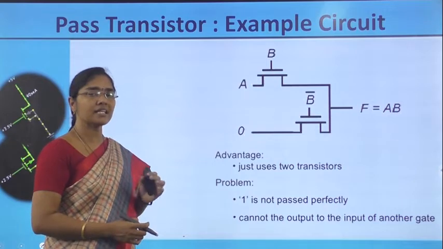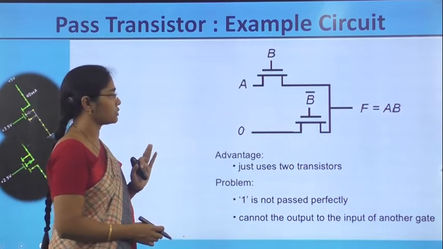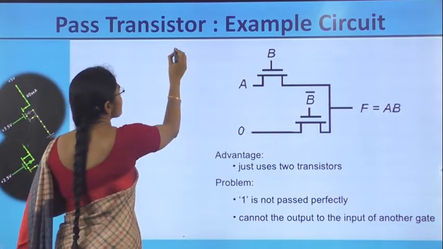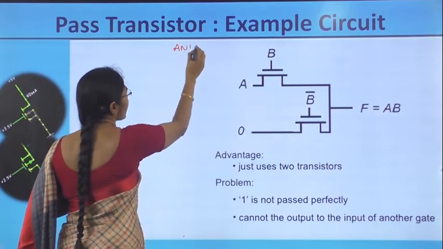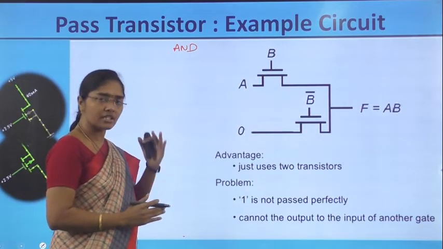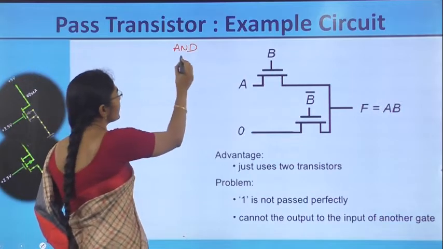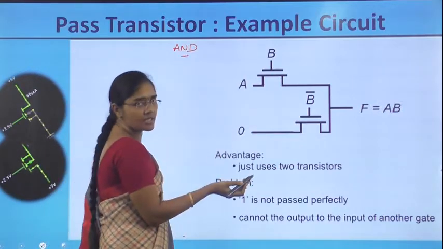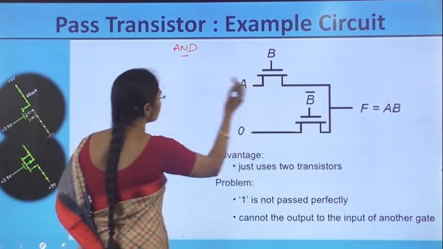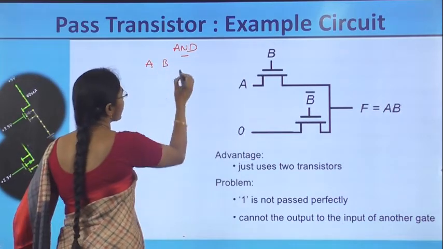Let us see an example circuit of the pass transistor network. This is the example of an AND gate. We can use these pass transistors for constructing logic gates or any logic functions. For the AND gate, based on the truth table, we are going to construct it.